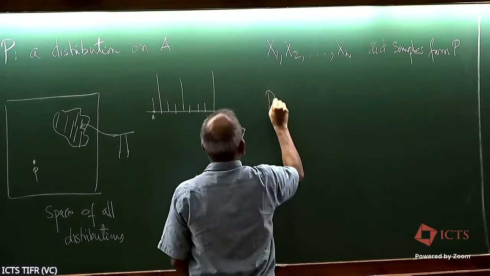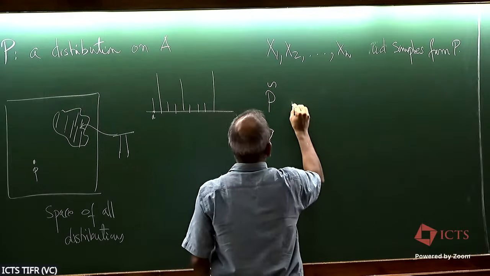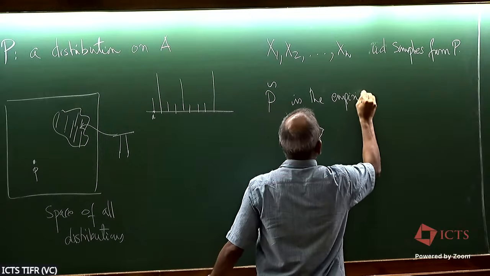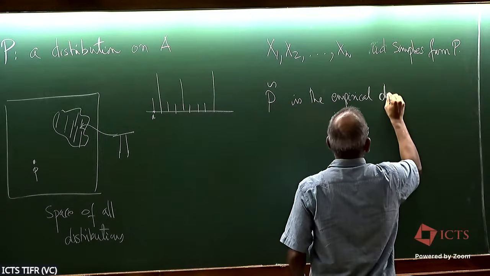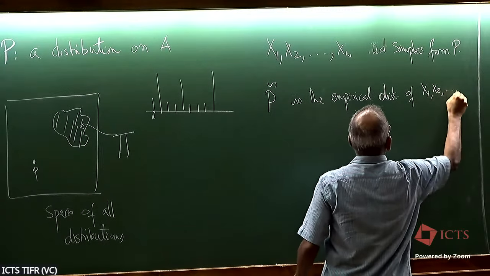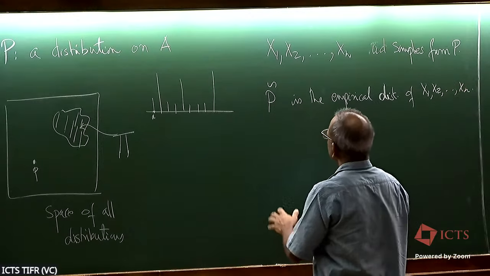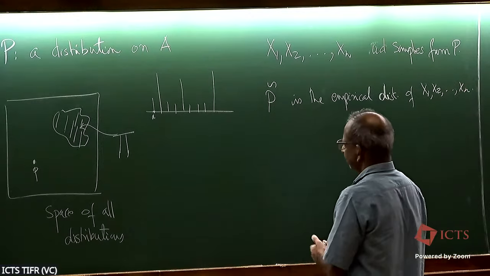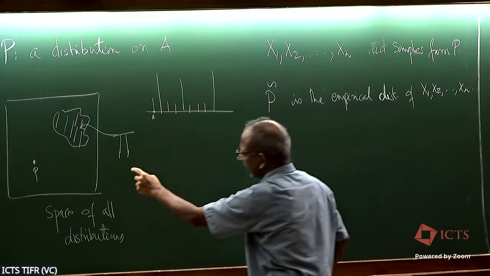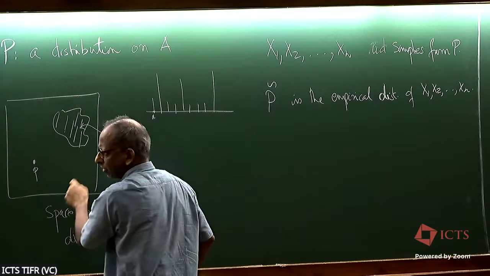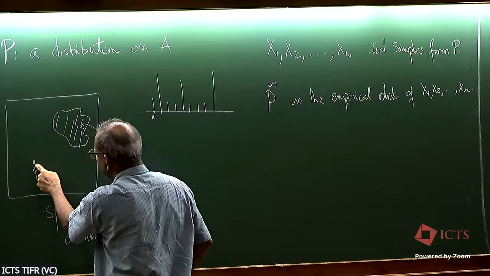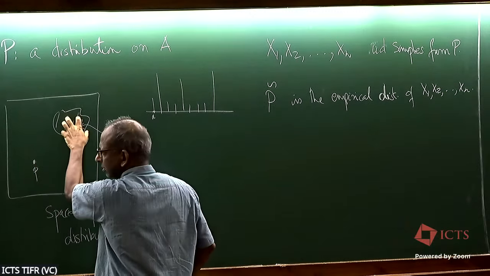And P tilde is the empirical distribution of these. So depending on my outcome, I might get a different P tilde, and that P tilde will fall in this box somewhere. I would like to know what is the probability that this P tilde falls here.